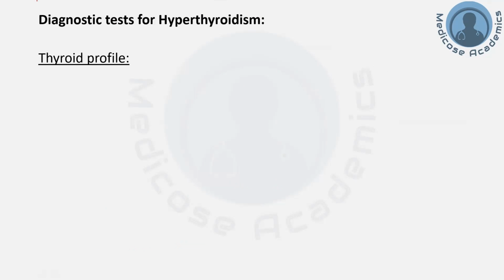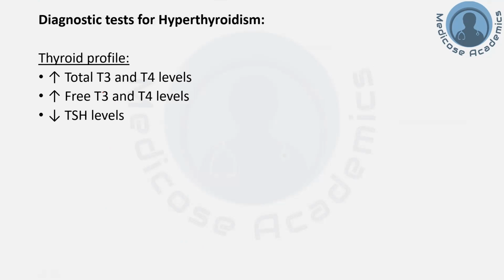So for the diagnostic test of hyperthyroidism, if we do the thyroid profile in Graves' disease, we are going to find increased total T3 and T4 levels. Total here means the hormone which is free and the hormone which is bound. It is actually the free hormones which bring about the effects, so we are going to see both of those in the thyroid profile.